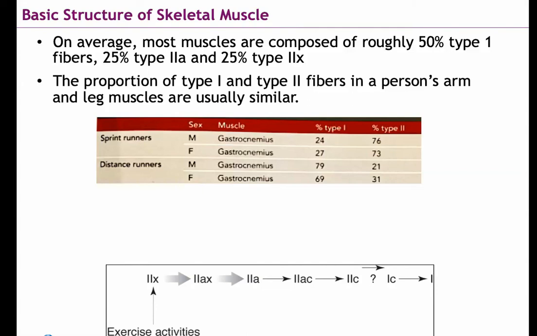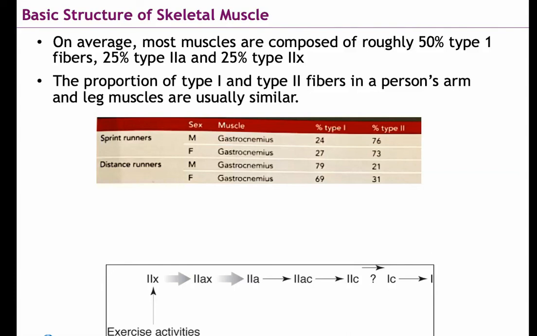So basically the reason we're looking at this is not because the sprinters' fiber types changed. We don't all start out with 50-50. Remember, that's the average person, but our sprinters and our distance runners are probably not the average person. If I had a random sedentary person here, they might be 50-50.